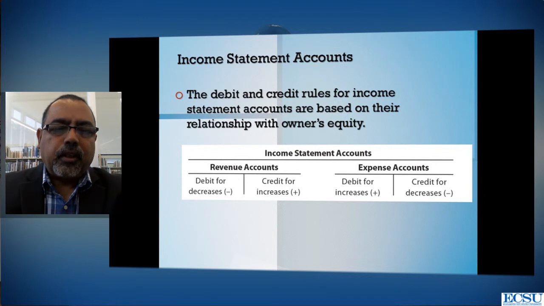So that is why you can see the revenue account will be credited when it increases and debited when it decreases. Expense accounts, on the other hand, decrease the owner's equity. So that's why decreases in expenses are credit and increases in expenses are debit.